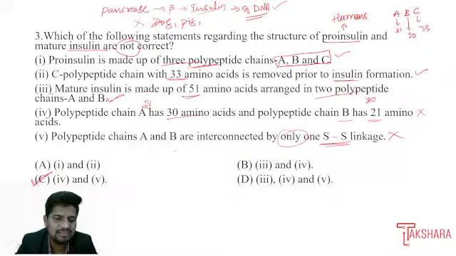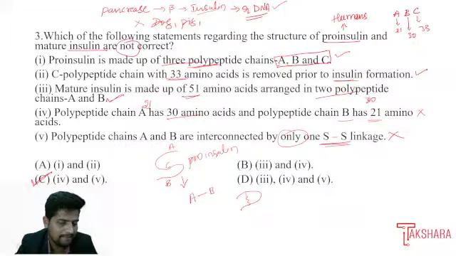Let us consider this is the human insulin, where the A chain and B chain will be present, and the C chain. But during the maturation of proinsulin, the A chain interacts with the B chain only, so A and B are connected with disulfide bridges only.